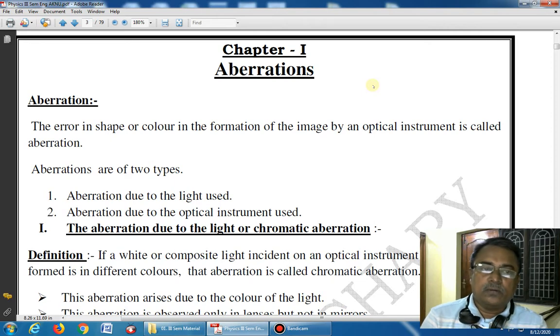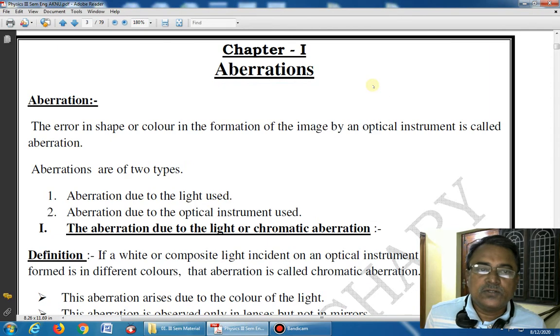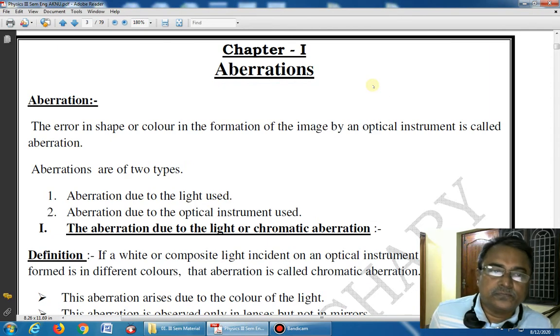For example, suppose we want to observe a distant object, then we will use an instrument that is nothing but a telescope.